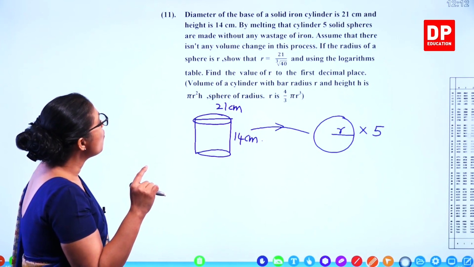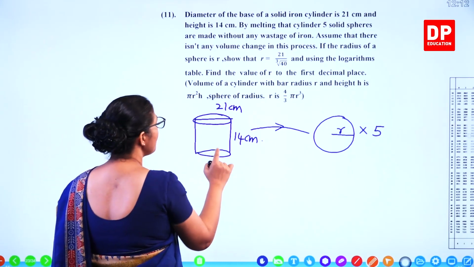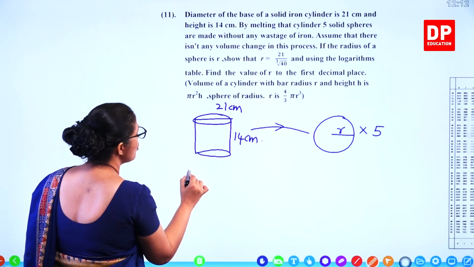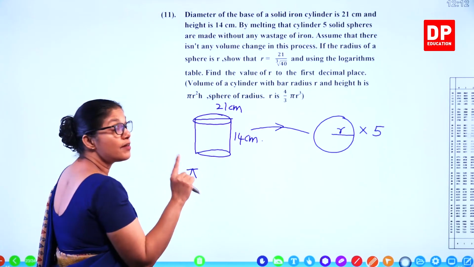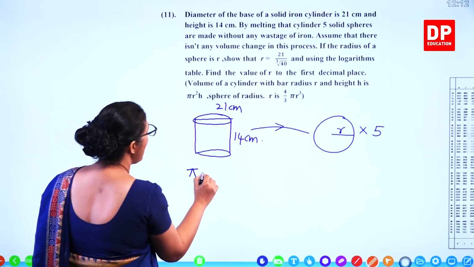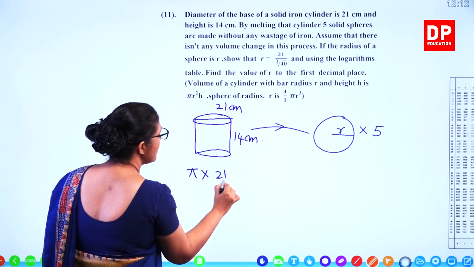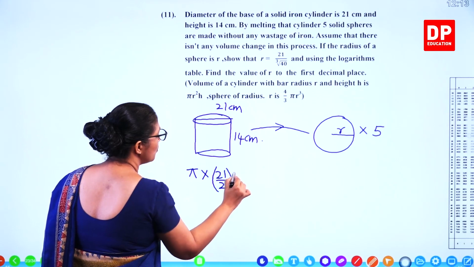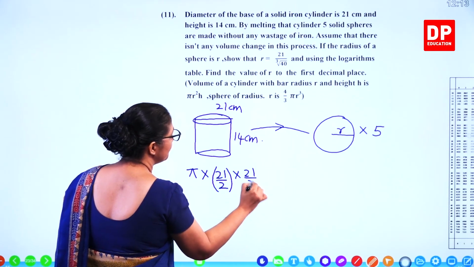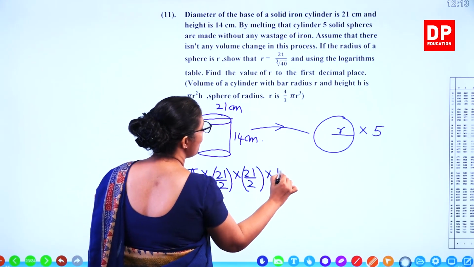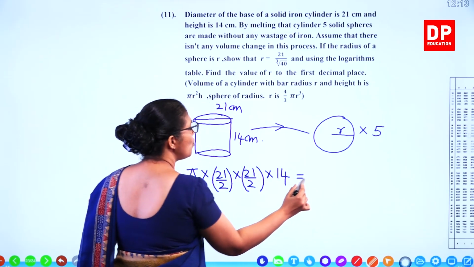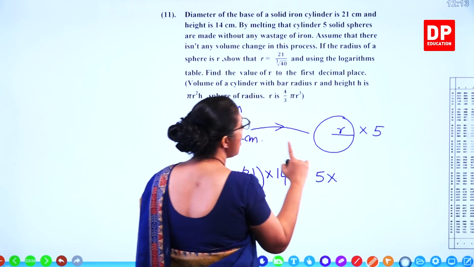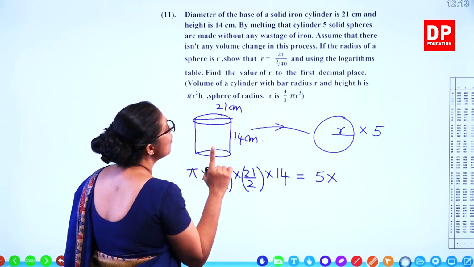So what is the volume of this? Pi r squared h. Pi, you don't need to write down the value. Pi r squared, that's 21/2. H is 40. That's equal to 5 times the volume of one sphere.